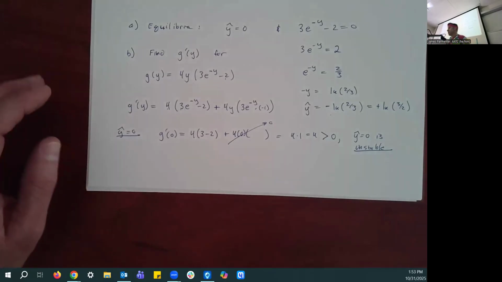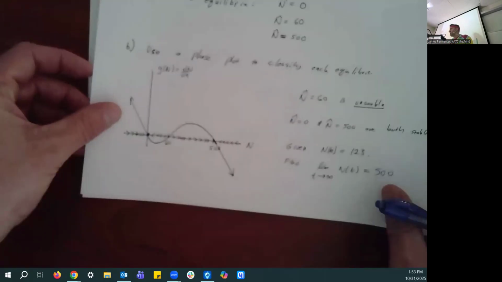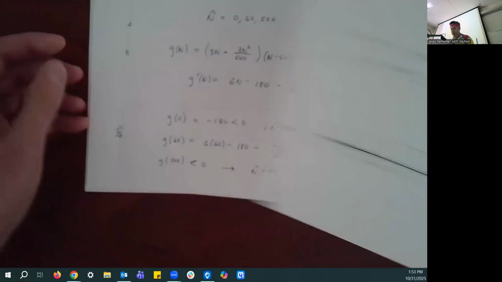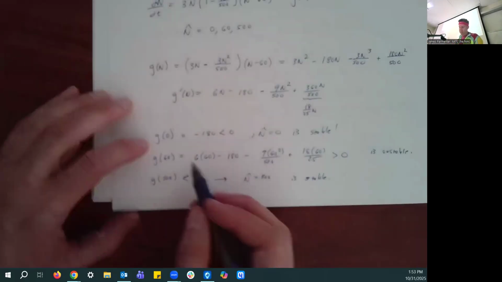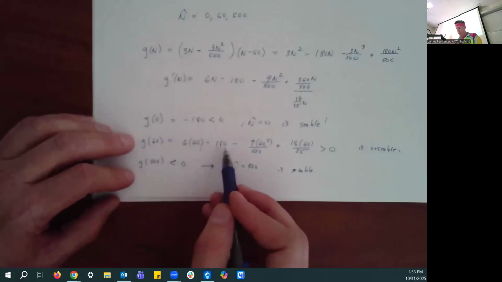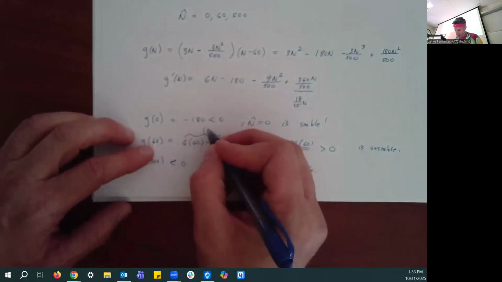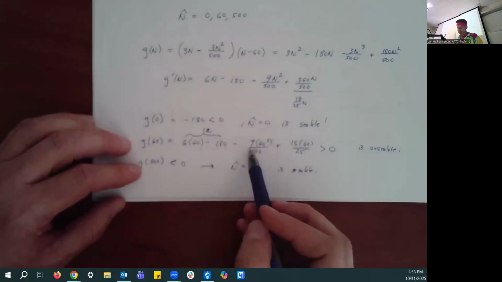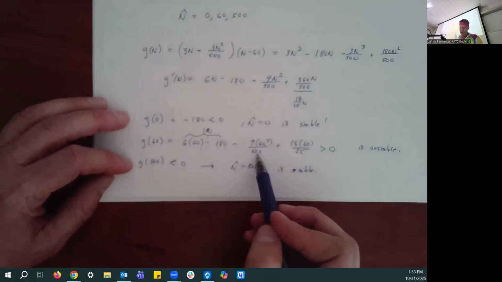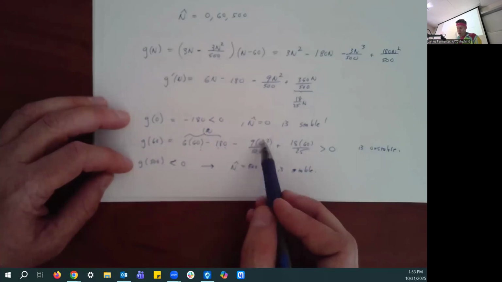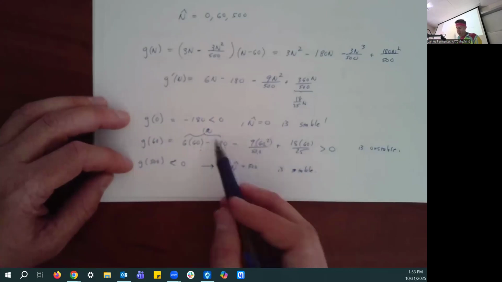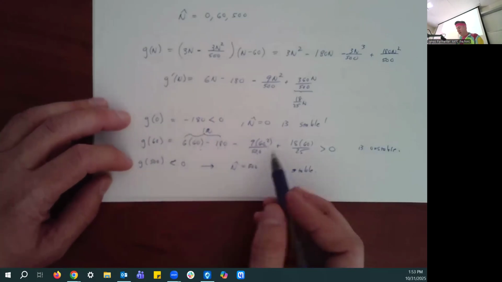Yes. So I didn't actually do the work last time because it's kind of ugly. But if you actually calculated this, g of 60 here, 60 times 6 is 360 minus 180, that's 180. And then 9 times 60 squared over 500 is 9 times 3600. That's not even close to 180. So this is definitely positive.